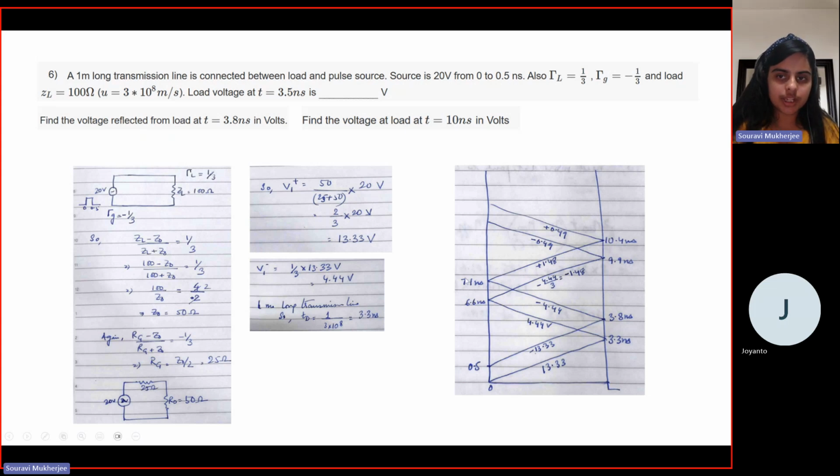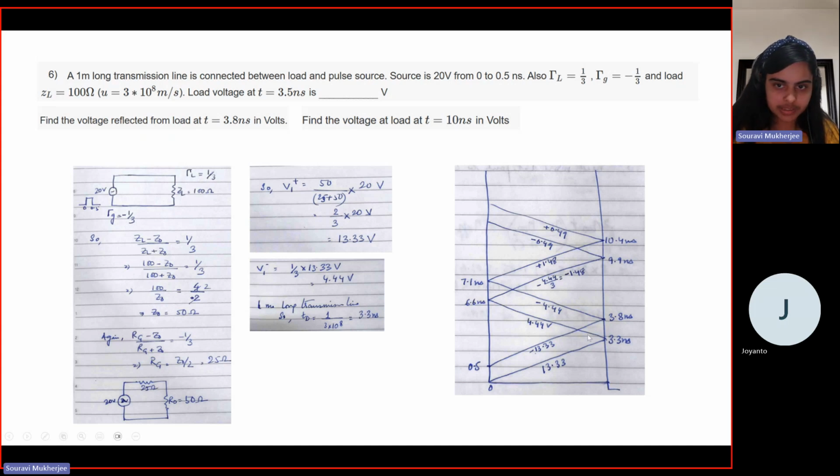So that means you have to follow up with this reflection till you reach 10 nanosecond time, right? So you have one reflection, you then again have another reflection at the load end. Here it's important that when you have this reflection at the source end, you have to take into account the fact that your reflection coefficient at the source is minus 1 by 3.